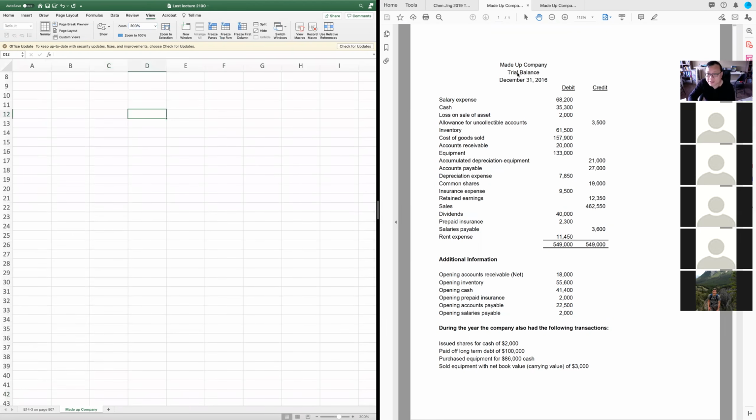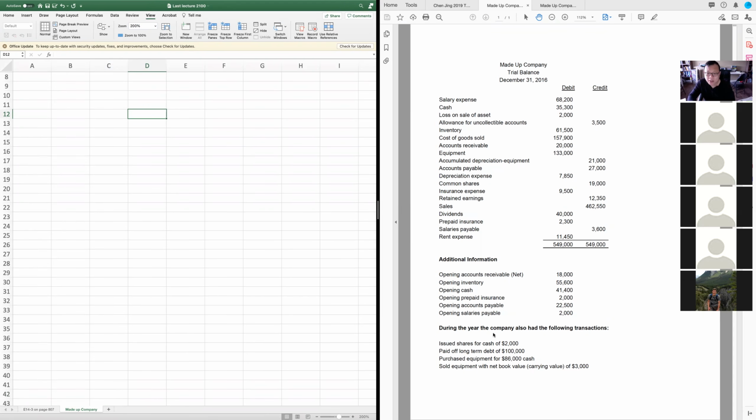So we have this trial balance. The year end is December 31st, 2016. And we have additional information about the assets: opening AR, opening inventory, opening cash, prepaid insurance, accounts payable, salary payable.